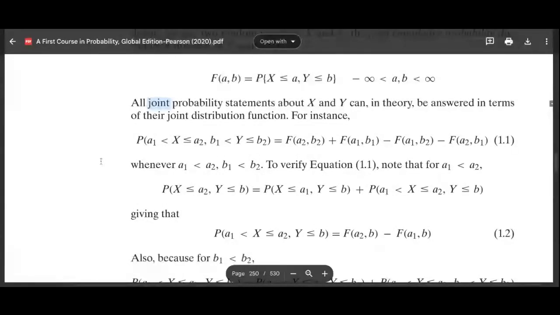All joint probability statements about X and Y can, in theory, be answered in terms of their joint distribution function.